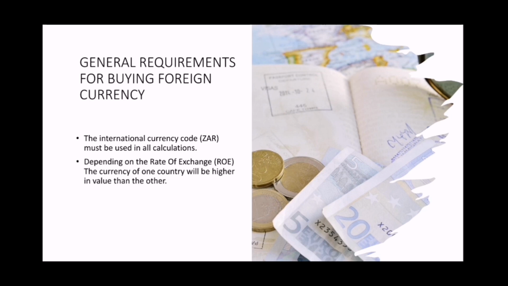If you have $1, I think currently you might be getting about 19 or 18 rand for $1. So this also has its own reasons. You can go on in your own time and check in your textbooks, or just Google why currencies fluctuate and how does fluctuation work, and so on and so forth.